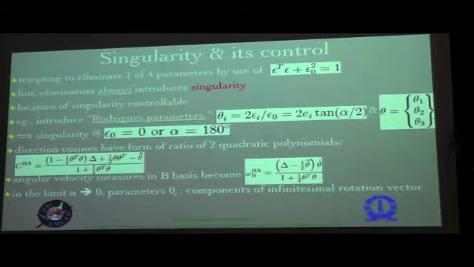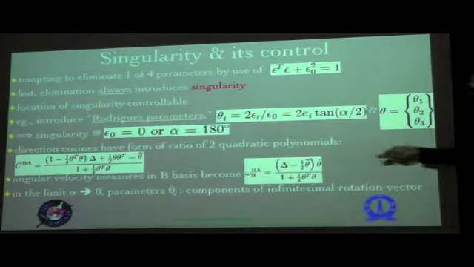But when you have finite rotations, when at least one of these is not infinitesimally small, then the order will matter, and it would no longer be directly the rotation vector. So that's an important thing to remember.